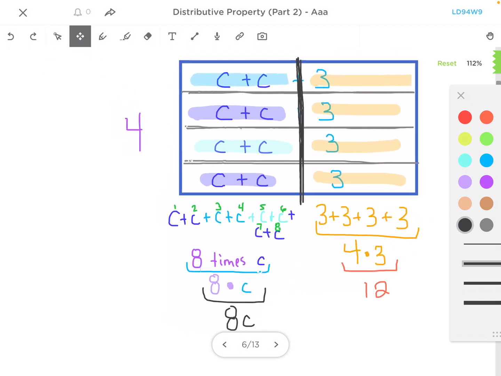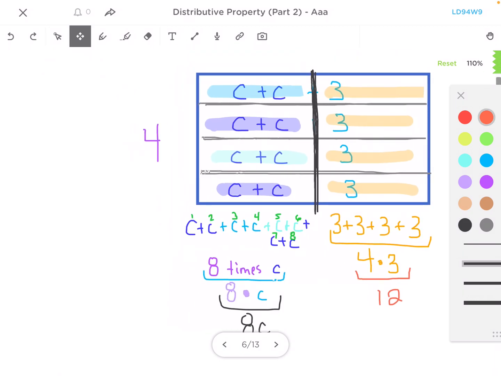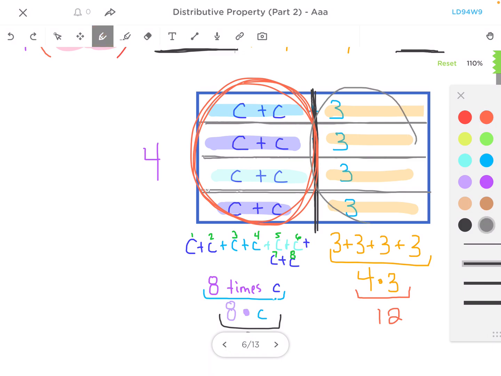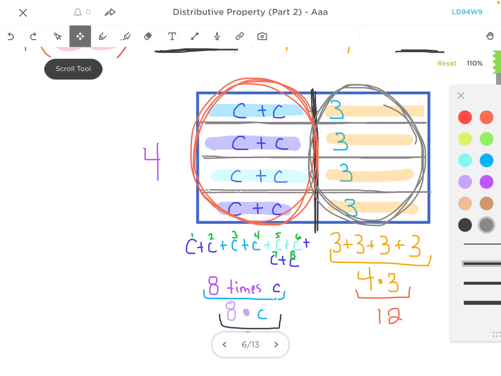So on the left side of this line, there are 8 C's total. On the right side, there's 12 total because I can add the 3's. Not 12 C's, there's just 12 because those 3's added together to make 12.